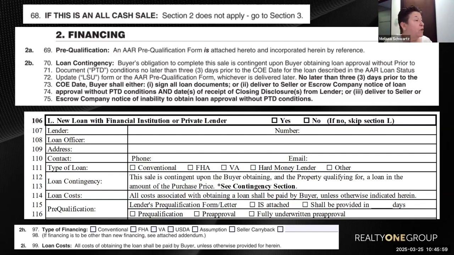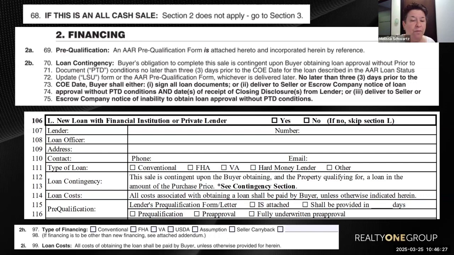So you get either one of those, whichever one you want. It's attached, or they've pushed it back out like our old contract used to be. You could get it within a certain number of days. Well, that's fine, but your seller has to know that then they don't have that information, right? They don't have it to review when they're reviewing the offers. So if you have multiple offers, how strong is that offer if you don't know what their financing is, right? You have no idea. So just some things to think about.